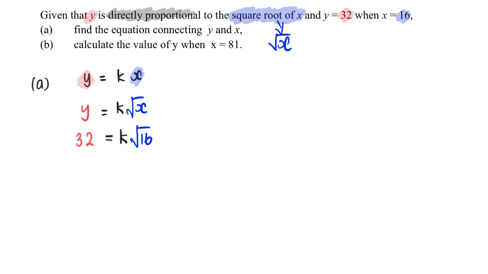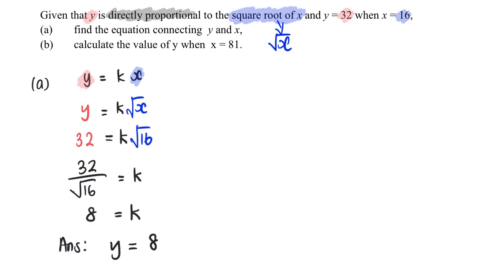And therefore, we are able then to find the value of k. So k will be equals to 8. So for this, y is equals to k, which is 8 times square root x.